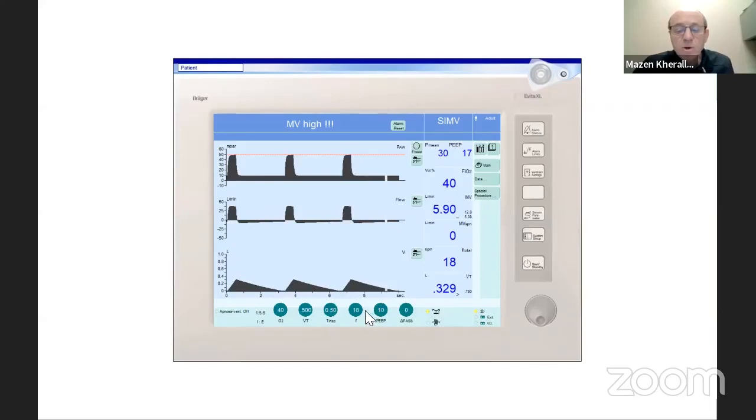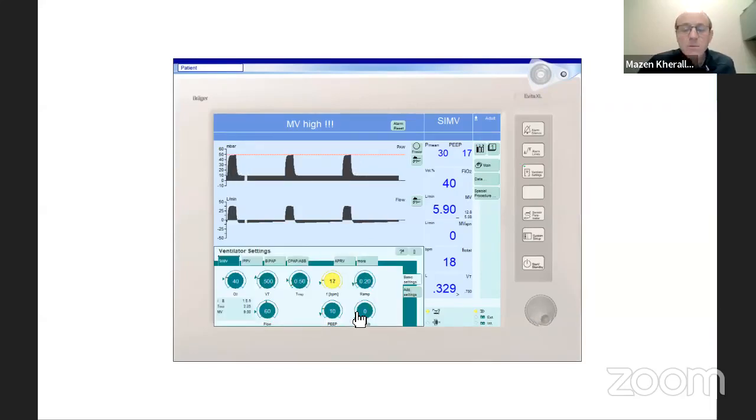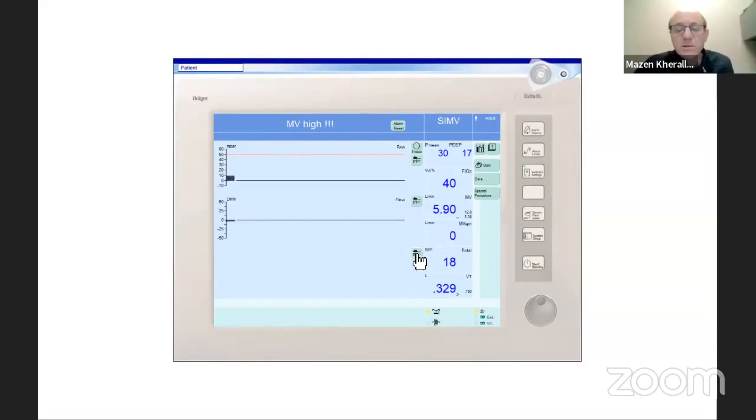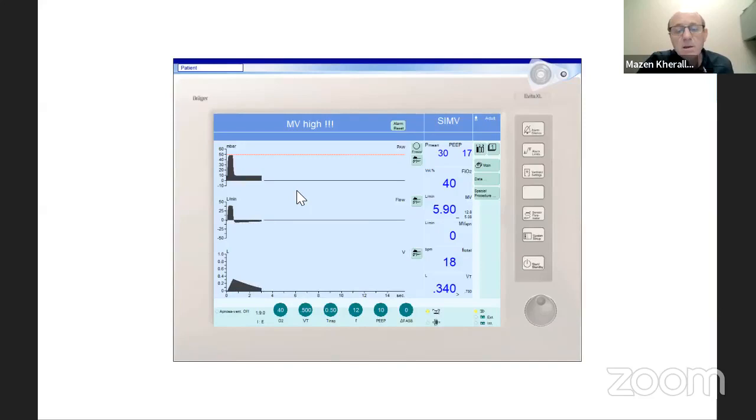Now, if I go down on the rate, I can actually go down to 12 per minute, and it can eliminate the auto-PEEP. You can see here there's minimal persistent airflow at end of expiration. However, the minute ventilation is going to go much lower, and the pH is going to be very acidotic.